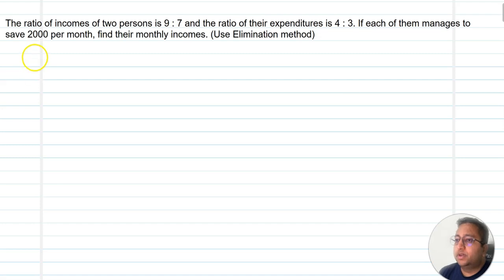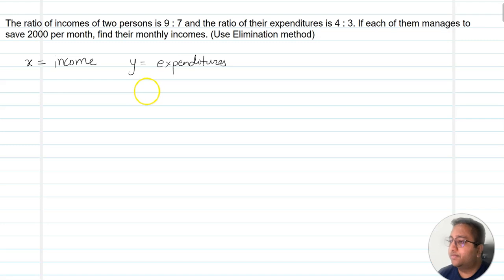First of all, we will try to use two variables, for example, x, and this represents the income, and another variable y that represents the expenditures. Now, based on the information given, the ratio of income is 9:7 and the ratio of the expenditures is 4:3.